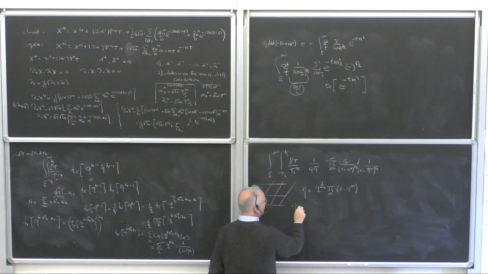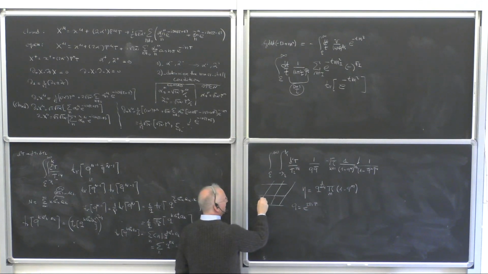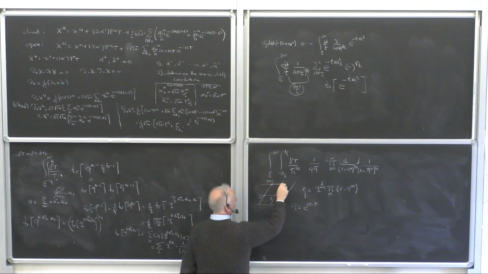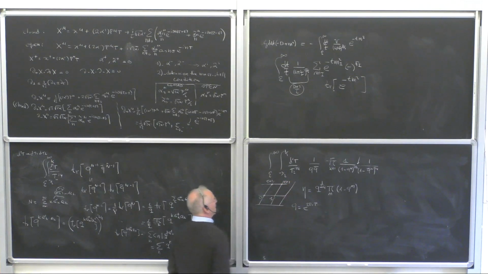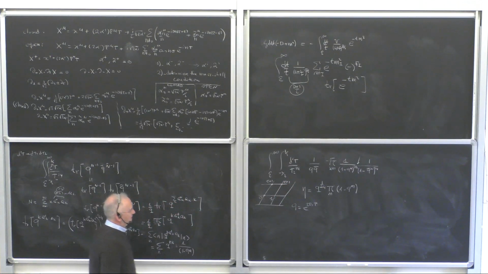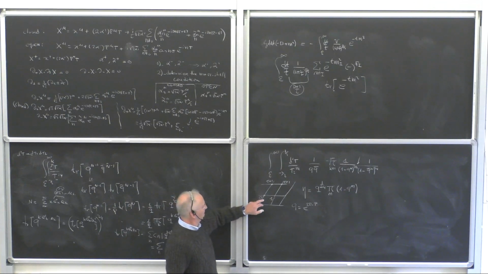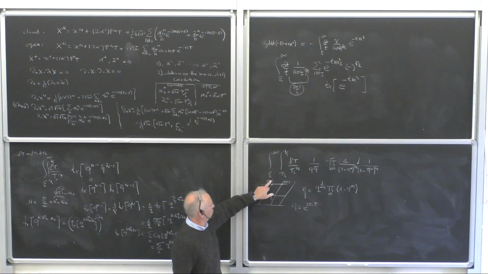q is e to the 2 pi i tau, and tau is closely linked to the lattice. Suppose at this point is the origin. The lattice is defined by this unit cell. Sorry, yes, tau plus 1. This unit cell has vertices at 0, 1, tau, and tau plus 1.